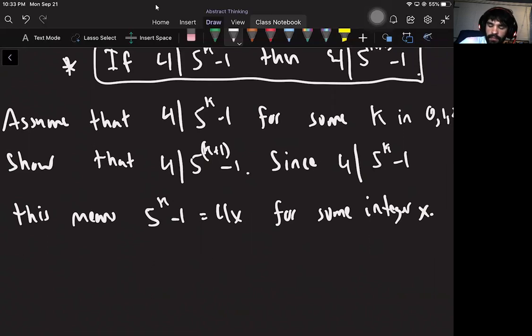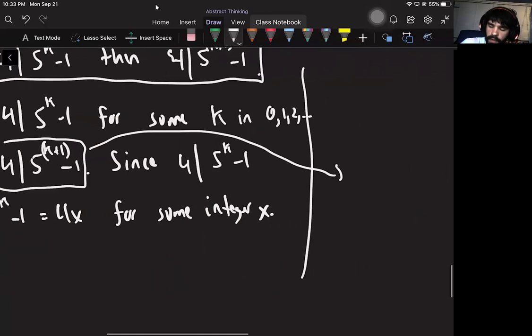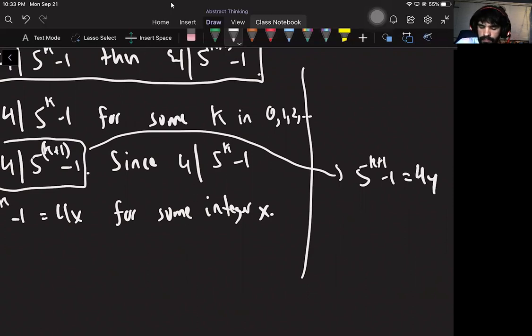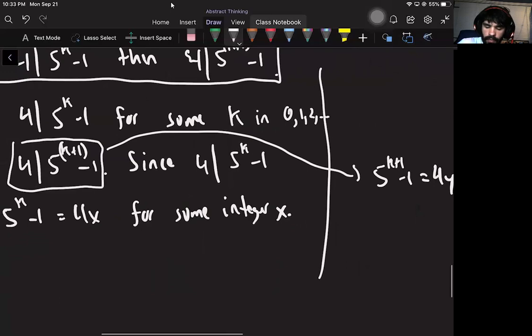How can I get this to be shown? Well, that's where you bust out your scratch work and think about what this really means. This means I want 5^(k+1) - 1 equal to 4 times some other number. So how can I get from that left thing to that right thing?